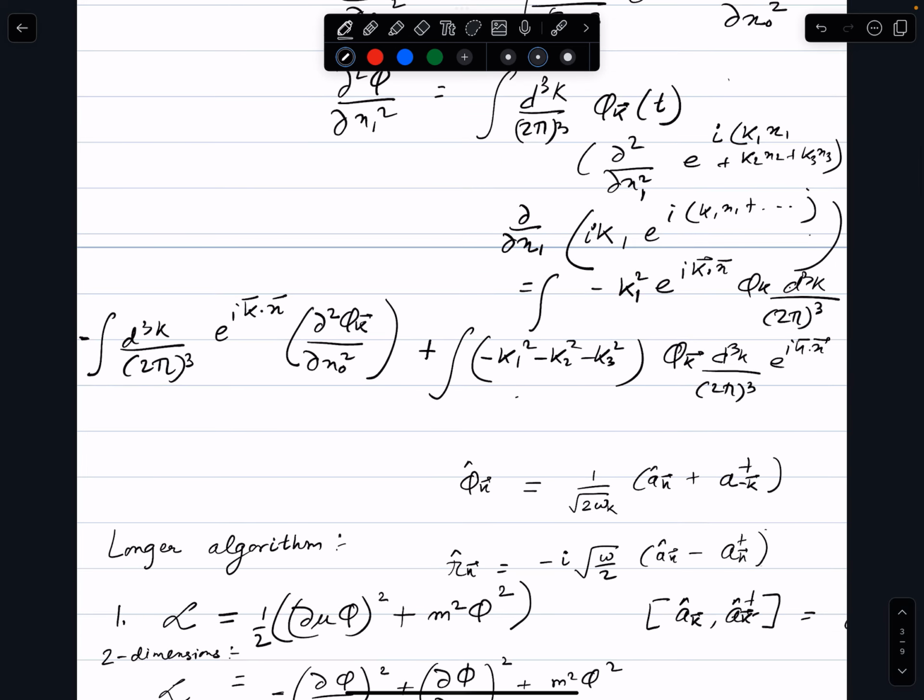So I can take that in common and I get d^3k over (2π)^3 e^(ik·x) into ∂²φ_k.